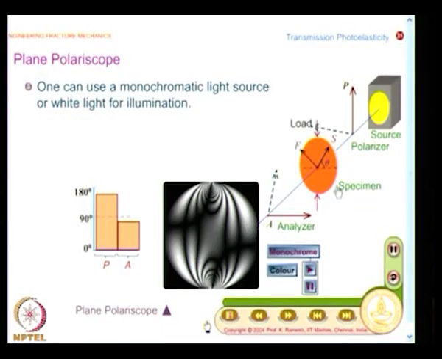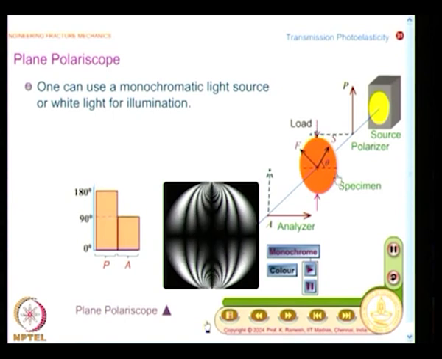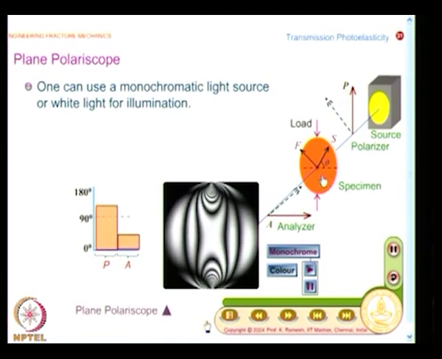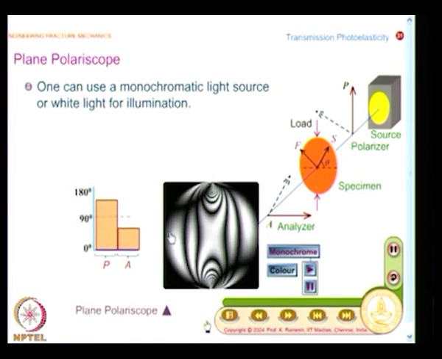So, what you can now appreciate is, when I keep a model in a plane polariscope, I see two sets of contours. One set of contours is where the model behaves like a wave plate. Why do I see multiple contours?